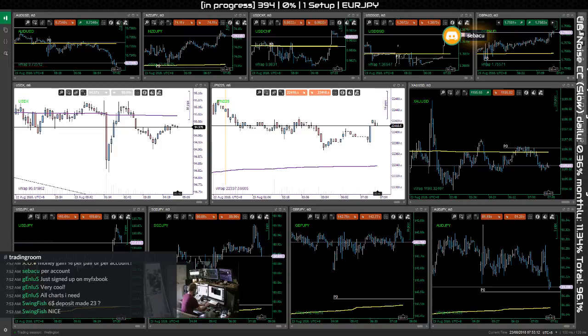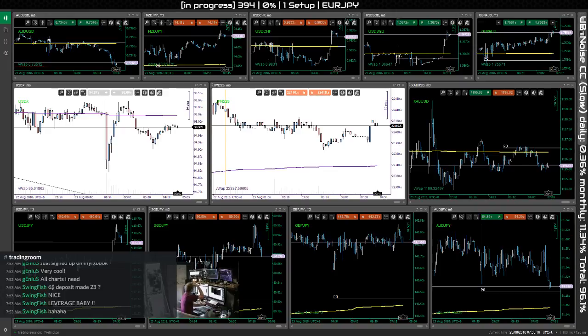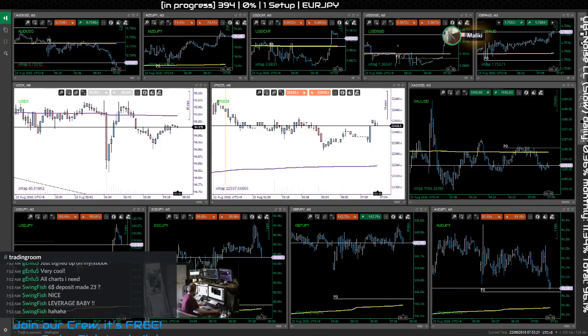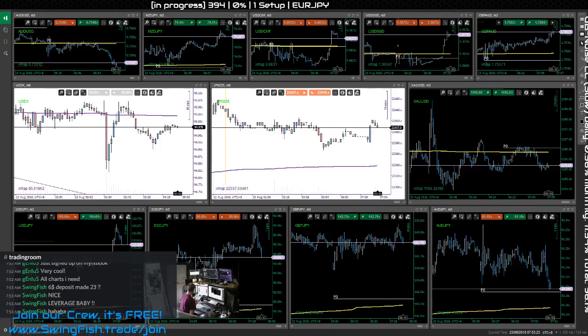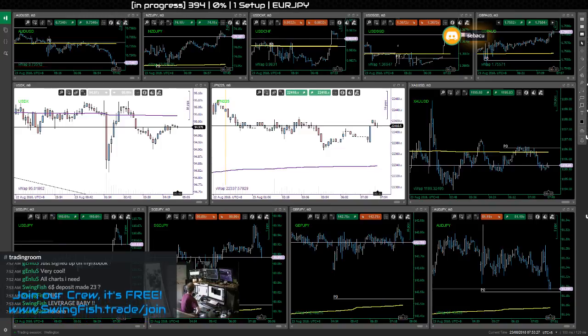Long on euro yen, let's see. Five minutes. Yes, on 5 minutes chart.